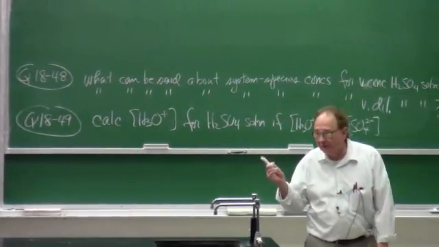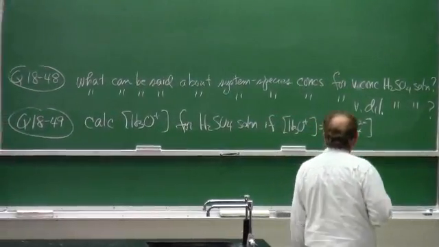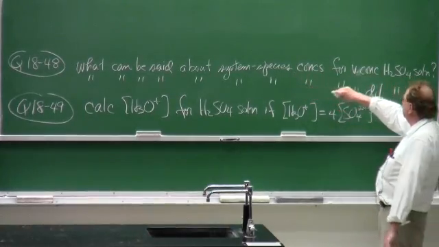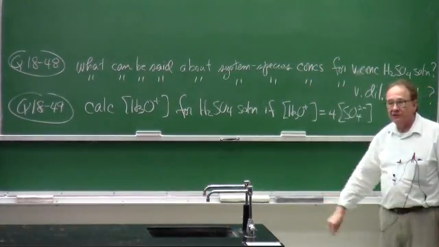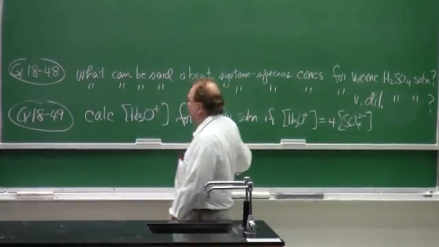Now let's talk somewhat further about sulfuric acid solutions. What can we say about system species concentrations if we are dealing with extremely concentrated sulfuric acid solution? I'll write this up here.